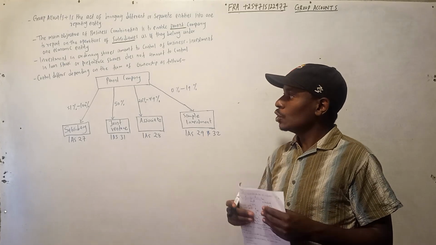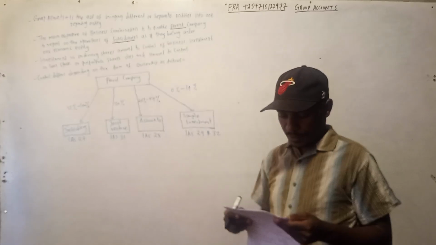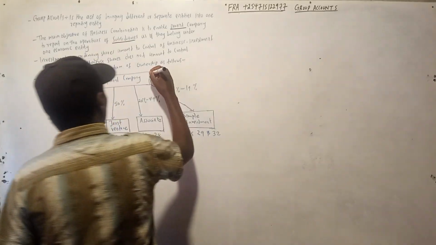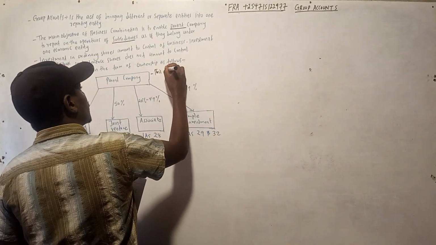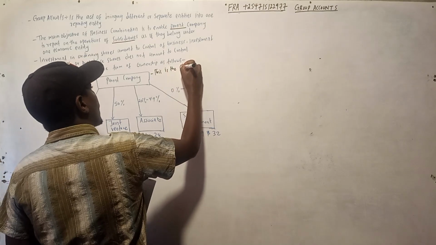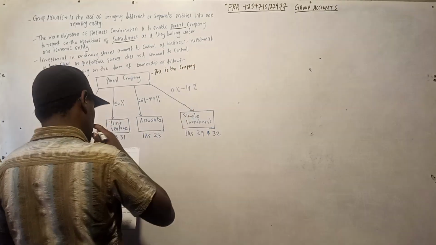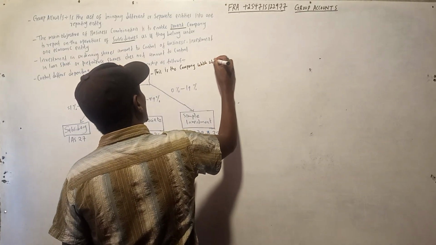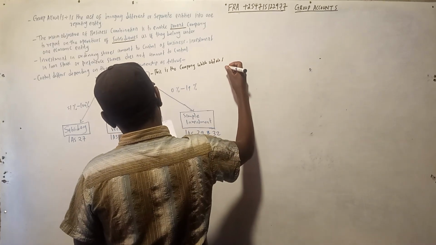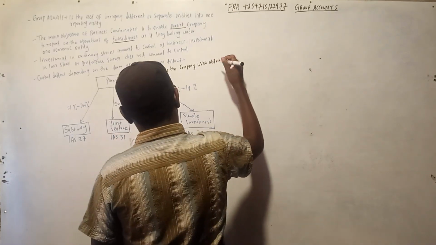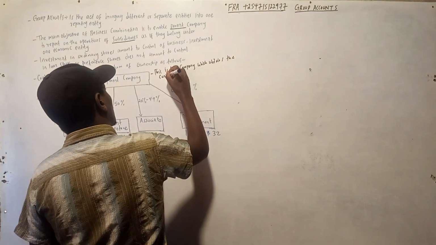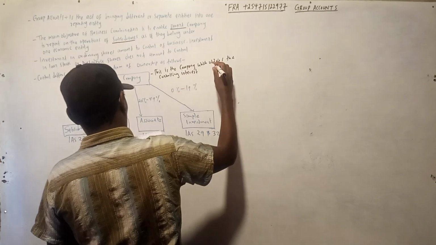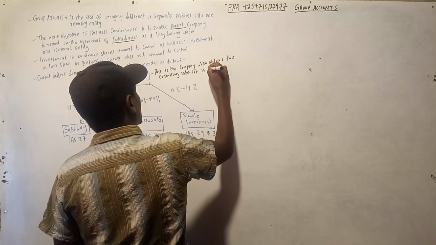So let's define what a parent company is. A parent company is a company which obtains the controlling interest in another company or entity.